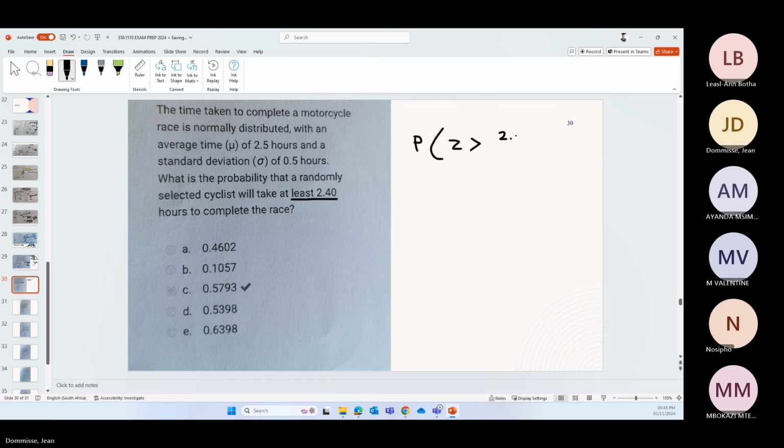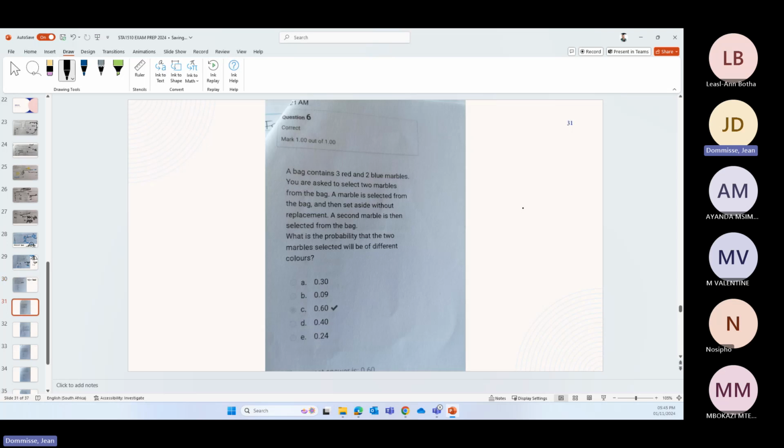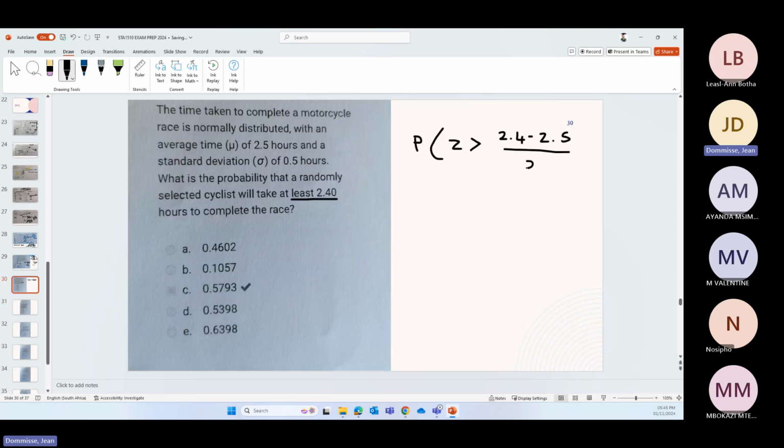So we've now worked out this whole answer. So now we basically need to say, and let's just check, it was divided by 0.5. So what's the probability that Z is bigger than minus 0.2.